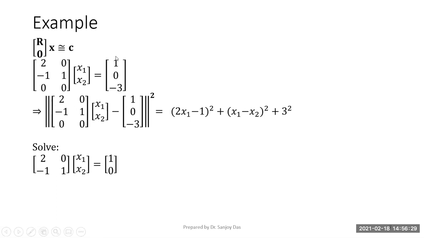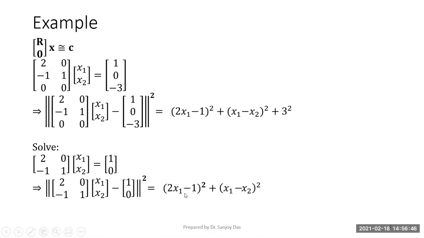C2 is negative 3 here. C1 is 1, 0, 1, 0. If we just ignore the last, redundant rows, we get this, and if we solve this, we get the same solution as before. It will admit the same values of x1 and x2. They have the same minimum.